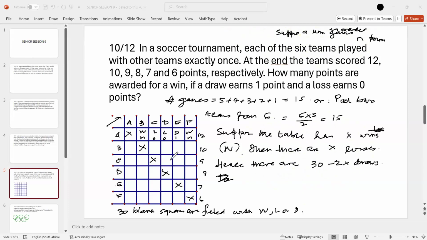Right. So now I can replace these tables here just with the number of points that they have. All right, so let's count the total number of points.